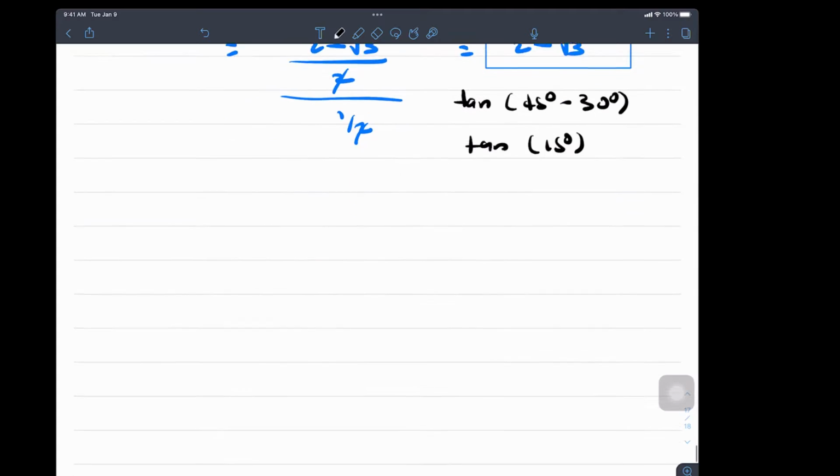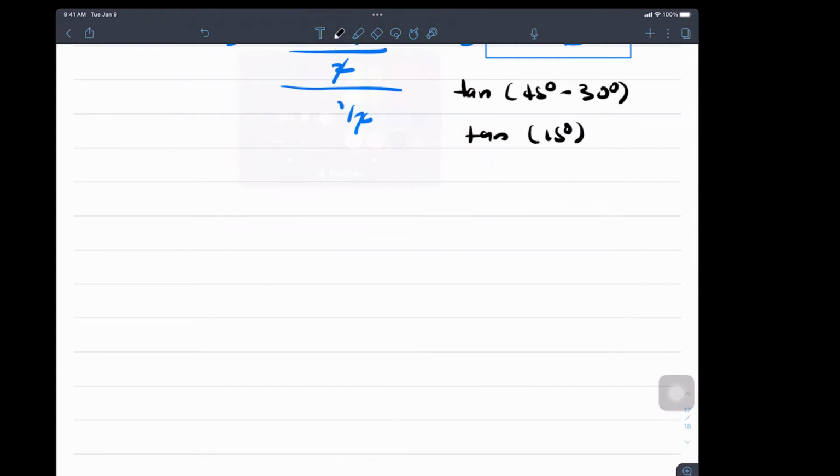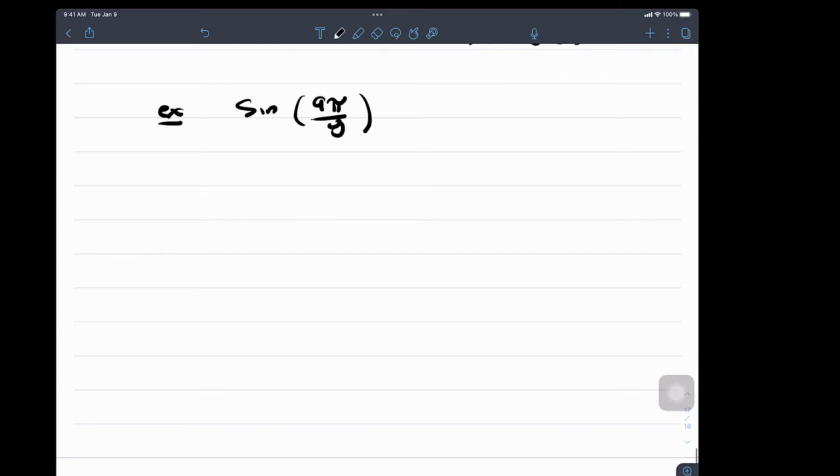And then, what if they gave me, for example, sine of what? 9 pi over 8. And now you went into radians, right?